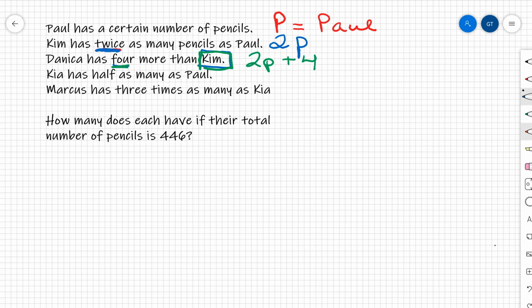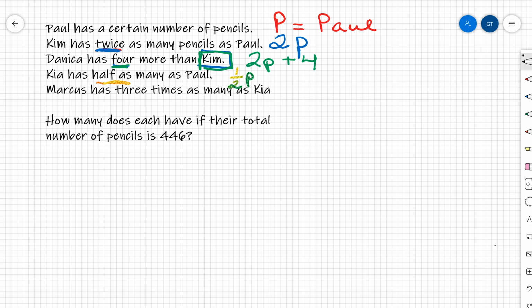Kai has half as many as Paul. So Paul has P. Kai is going to have half of that. So 1/2 P for Paul.